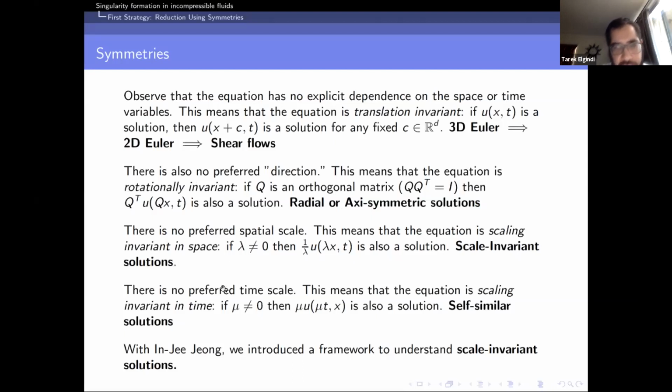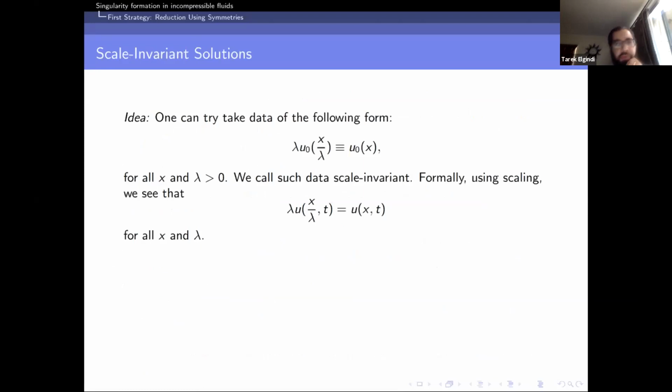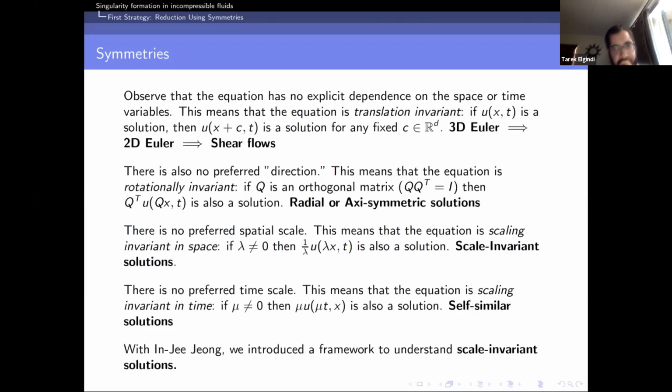So with Inji Jiang, we essentially found a way to describe scale invariant solutions. Okay, so let me talk about that a little bit. So what does it mean, scale invariant solution?